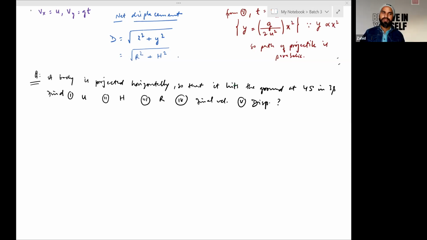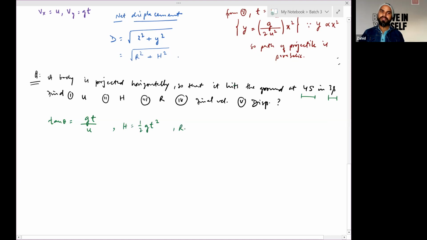To get this value u, just use tan theta equals g into t divided by u. We have theta as 45 degrees and t as 3 seconds. Just use these two terms and you'll get the initial velocity of projection. Similarly, to find height, it will be half of g t squared.